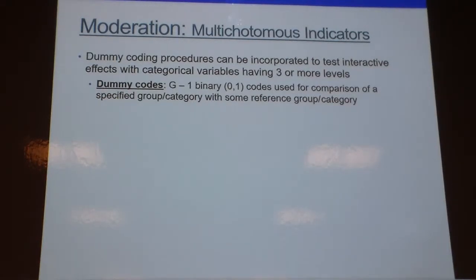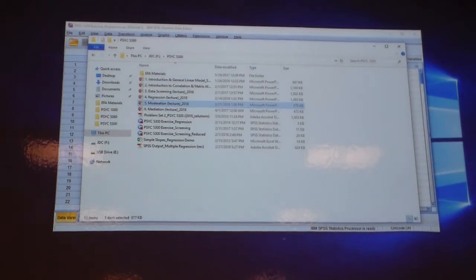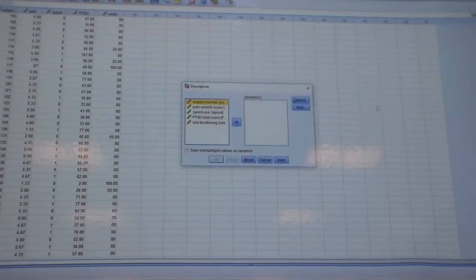So let's jump in. Grab your sheet here. We're going to work through this pretty quickly. We've already kind of gone through the model, but what we want to do first is analyze descriptives. I'm going to look at pain severity, opiate use, and PTSD total.